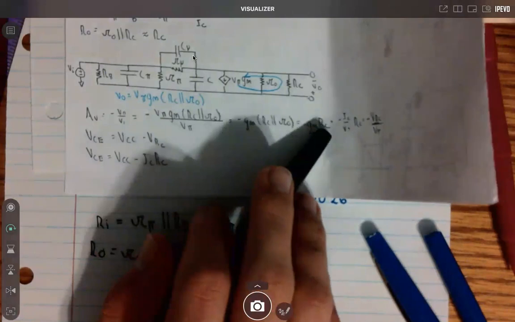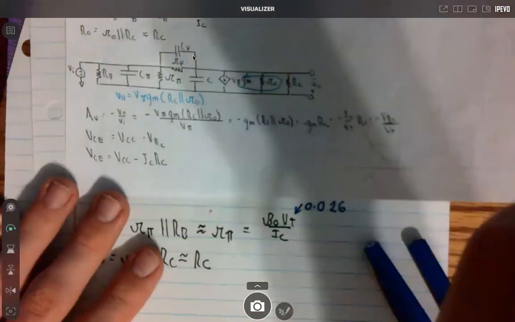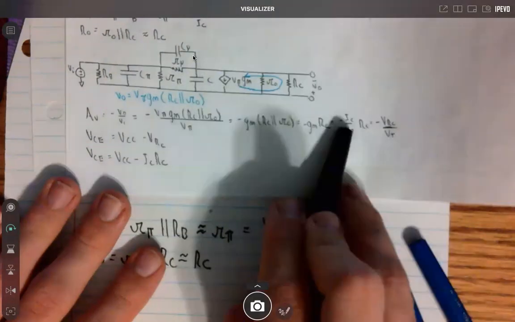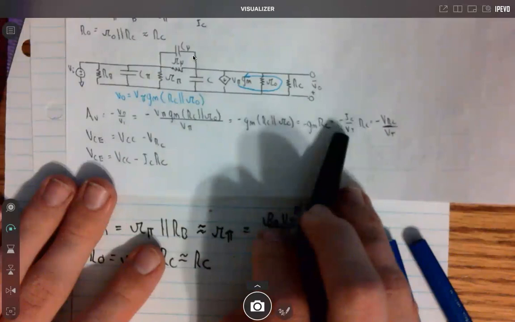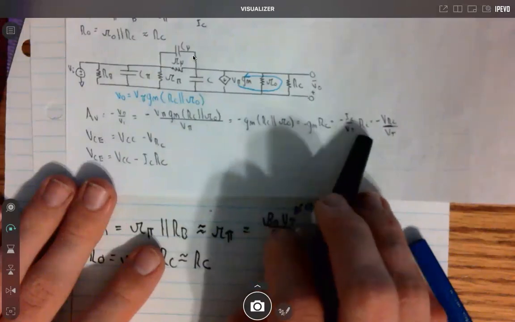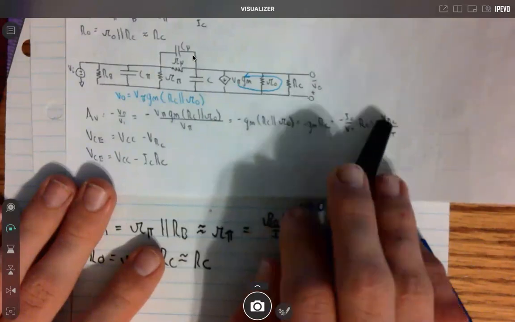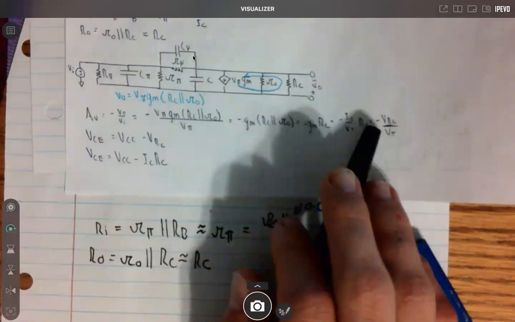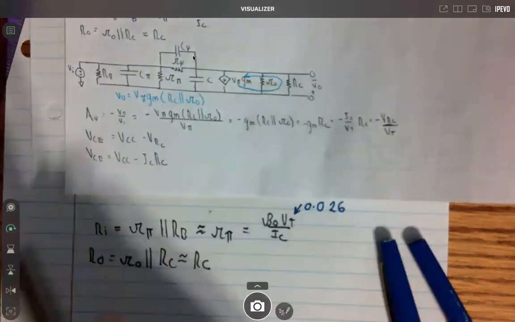And that will be equal to, if we substitute in what we know, gm is IC over VT, times RC. And IC times RC gives us the voltage across the resistor. So VRC all over VT is what we can also use for our voltage gain.